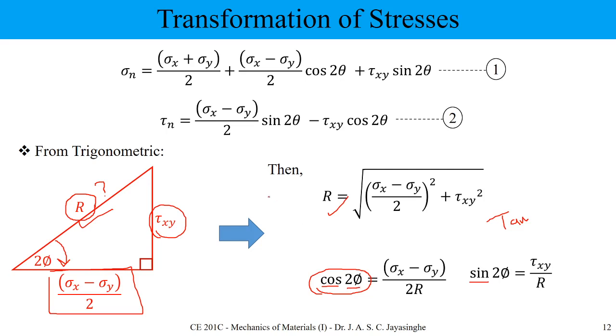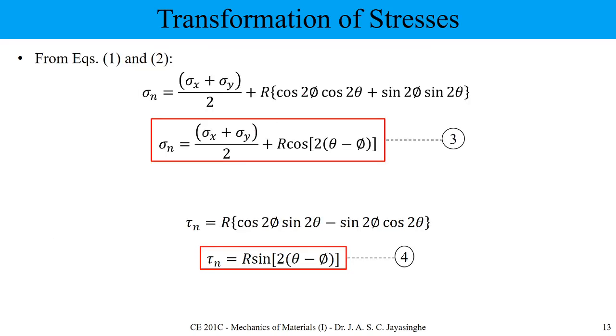Now what I'm going to do is remodify this equation. You can understand in here normal stresses, I can play with this one and I can get the R out from this one, and I can remodify. Here also the same, I'm going to get R out. So then you will end up with this type of arrangement.